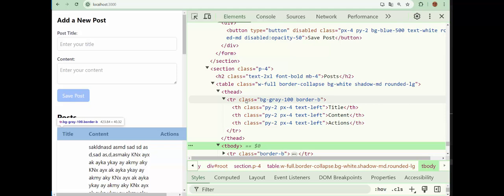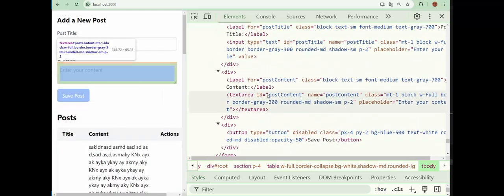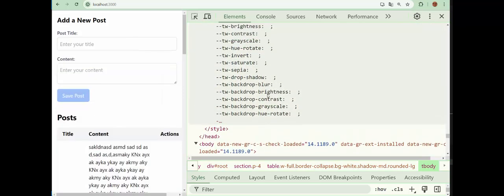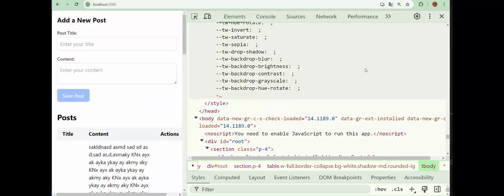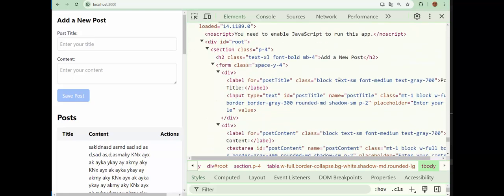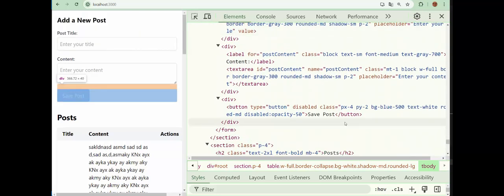But we have clean, excellent coding, excellent hierarchical alignment, HTML document with style, with utility classes of Tailwind, and all that produces our React.